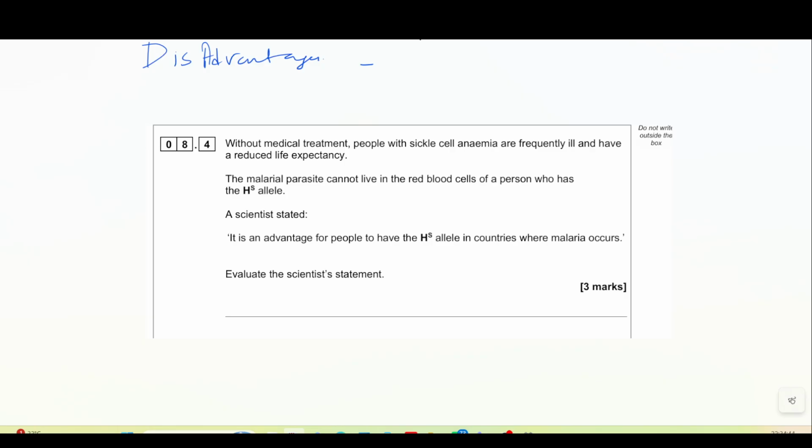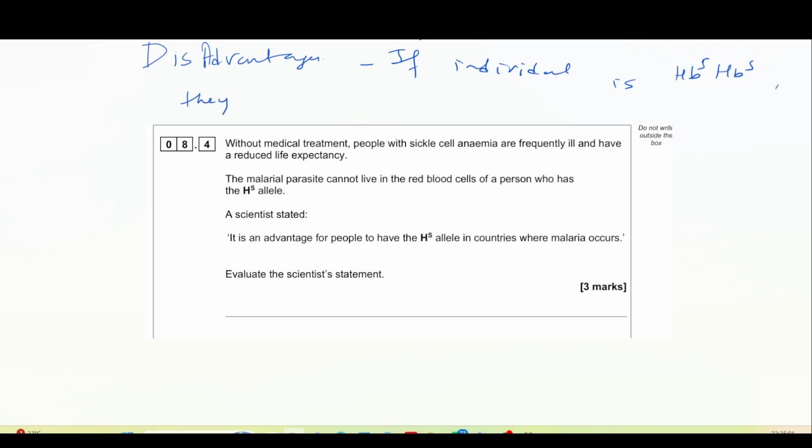So if an individual has this allele, if the individual is HbS, it means he has sickle cell anemia.